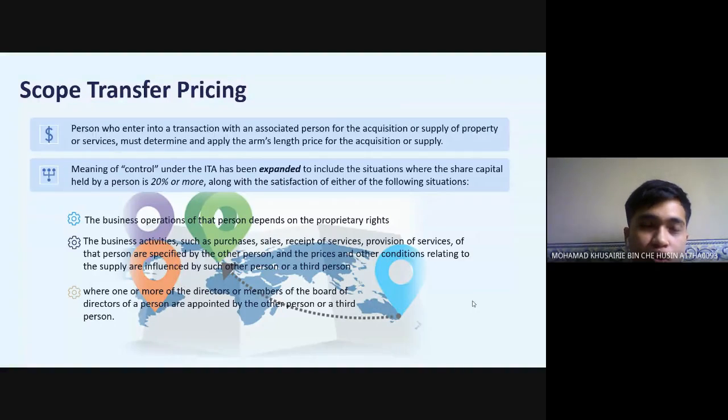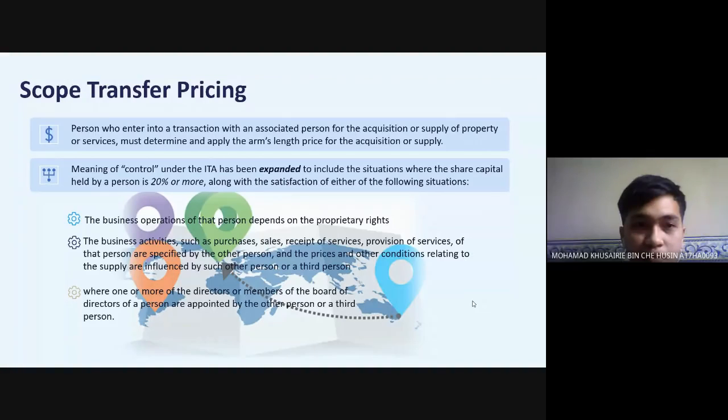Scope of transfer pricing. Under the Income Tax Act 1967, a person who enters into a transaction with an associated person for the acquisition or supply of property or services must determine and apply the arm's length price for the acquisition or supply.